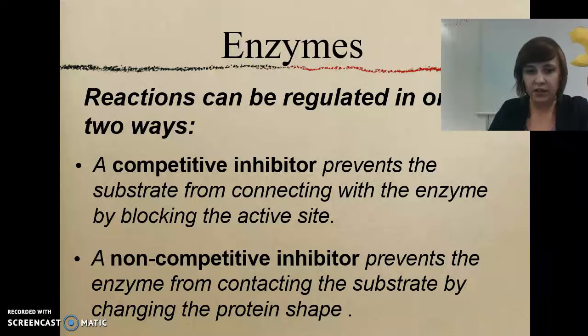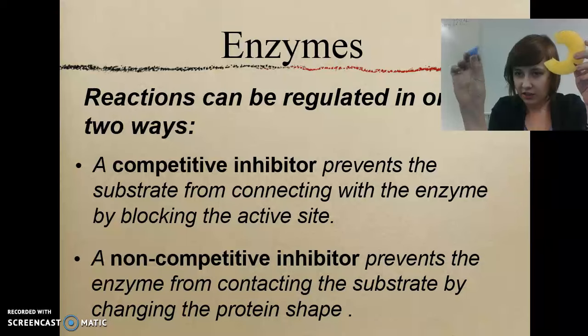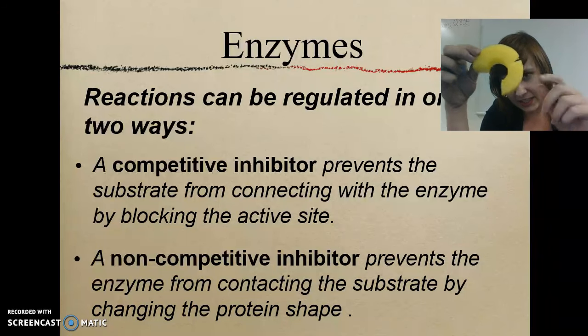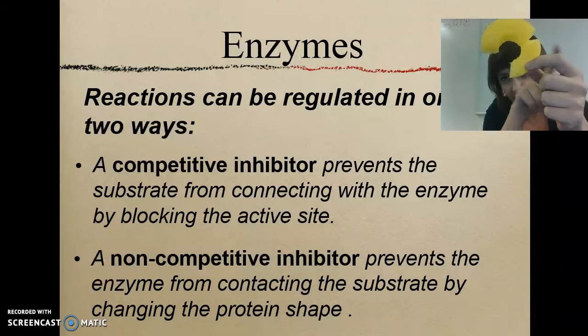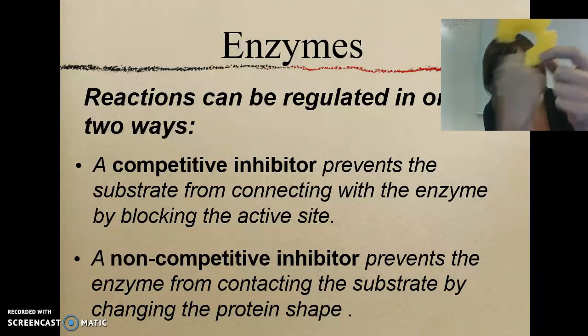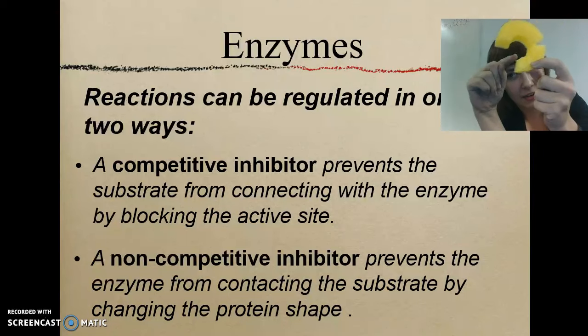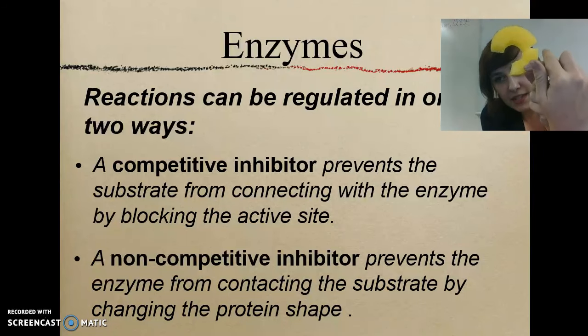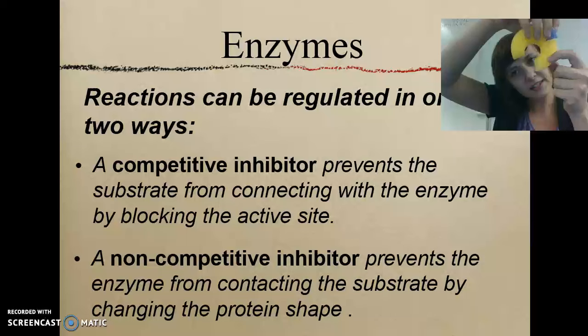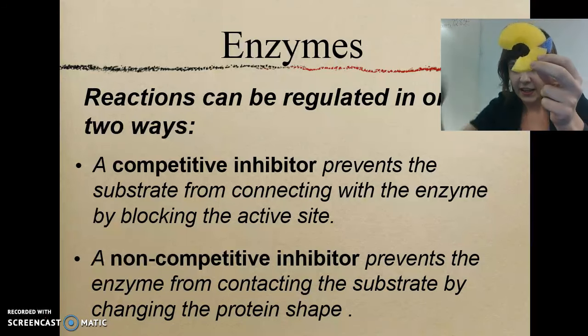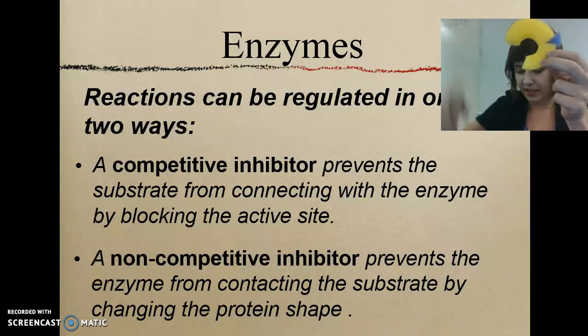Now, our other ones are non-competitive inhibitors. Non-competitive inhibitors are going to look nothing like the substrate, and we can see here on the back, I haven't talked about it yet, there's a site right there that's not the active site, because remember the active site's here. So this can just fit right in there. And so now the enzyme can't change shape like it was before.